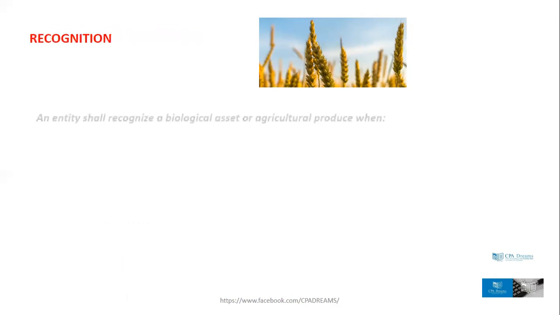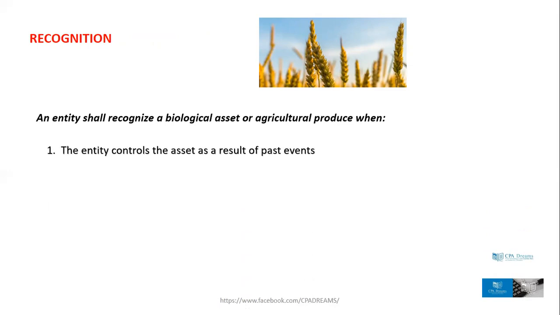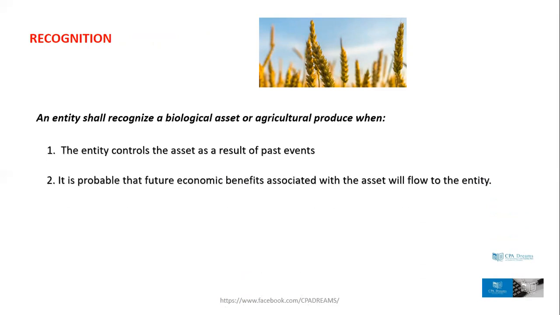Now, how do you recognize? An entity shall recognize a biological asset or agricultural produce when the entity controls the asset as a result of past events. So there are already transactions that happened, which is the operations of the asset, how the company handled that asset. Then it is probable that future economic benefits associated with the asset will flow into the entity.